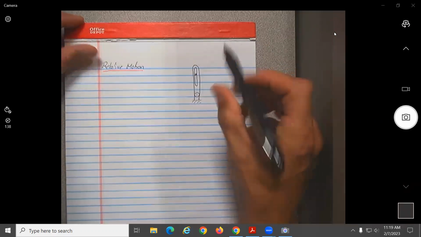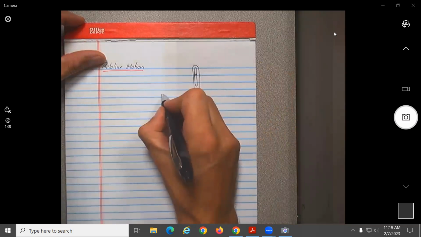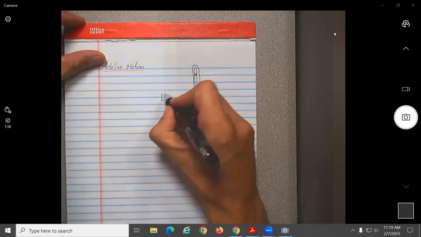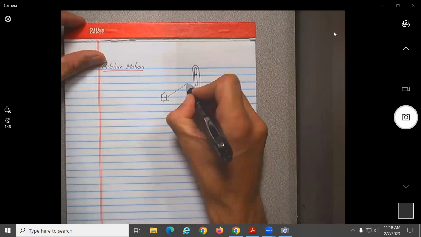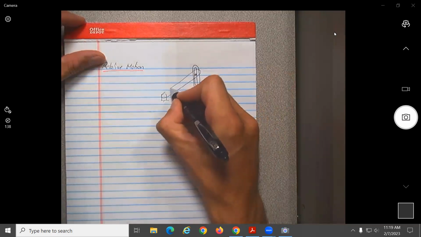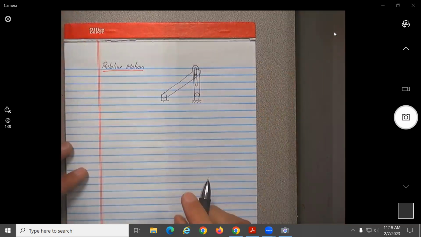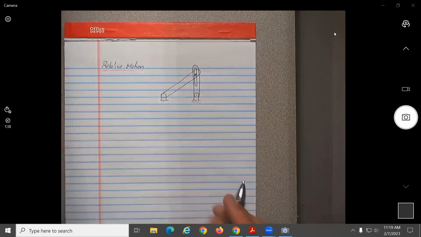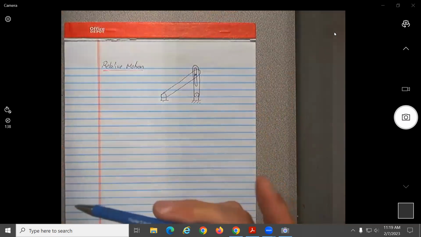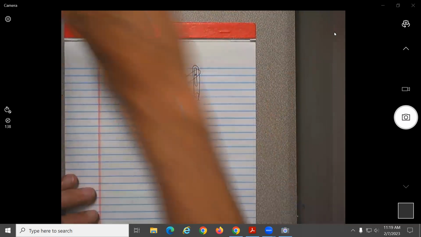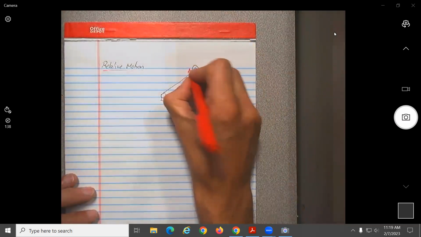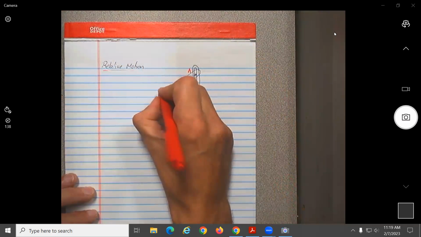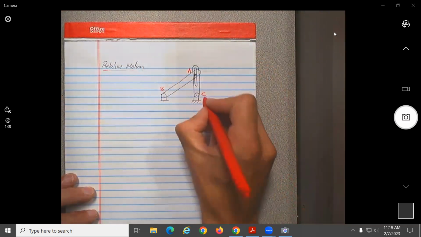Agree? And now let's say we have here another bar, which is just like the ones we have been using all the time. This is a solid bar. So just for the sake of brevity, let's say we call this point here A, this point here B, and this point over here C.